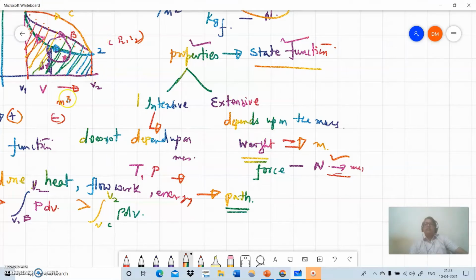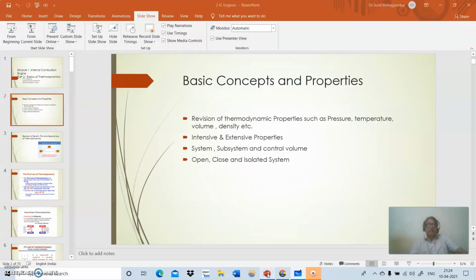Heat and work are path functions, whereas an intensive property is a point function. A state function, or point function, is a property, and a path function is not. The flow work, heat, work done, everything you get, are like this. So now we will go for the second point of our discussion.